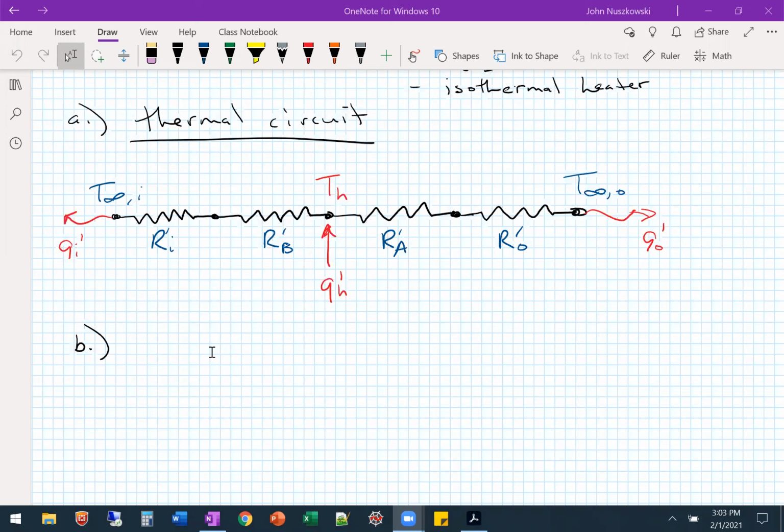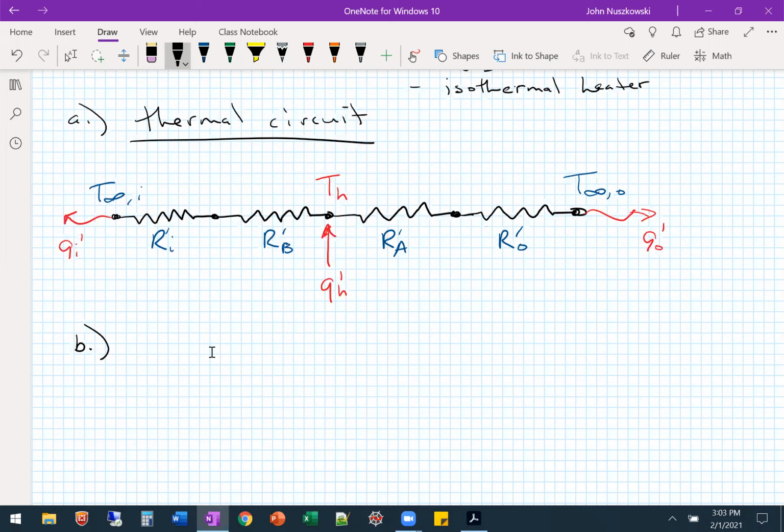So where do we begin to solve this? Does it really matter which side we choose? Well, maybe. We weren't given Q outer or Q inner, right?